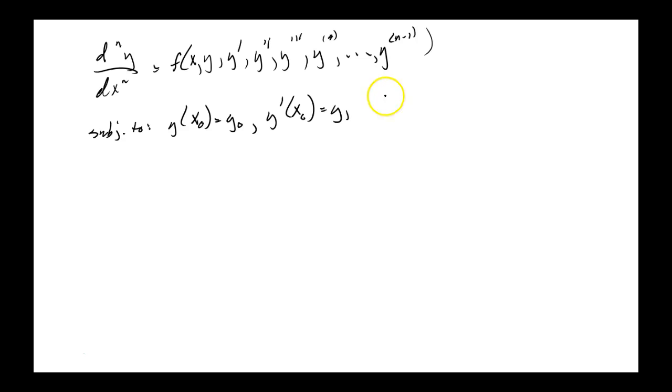Okay, now here we're having to change a little bit how we've been naming and numbering things. y double prime at that same value x0 will then be y2. y triple prime at that same value x0 is equal to y3.